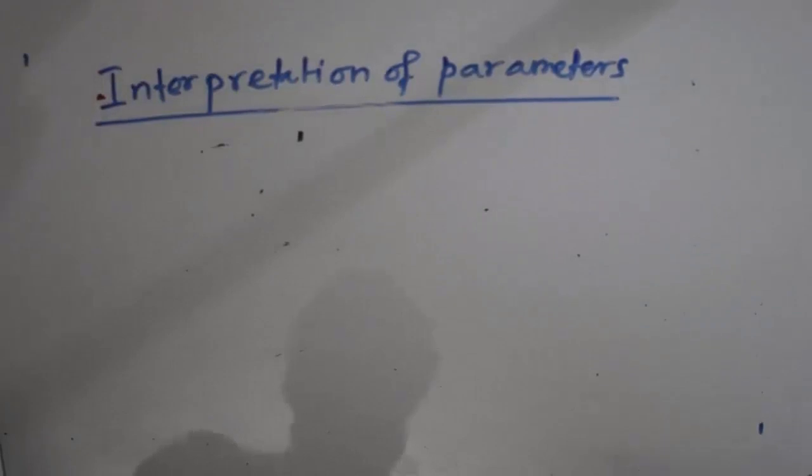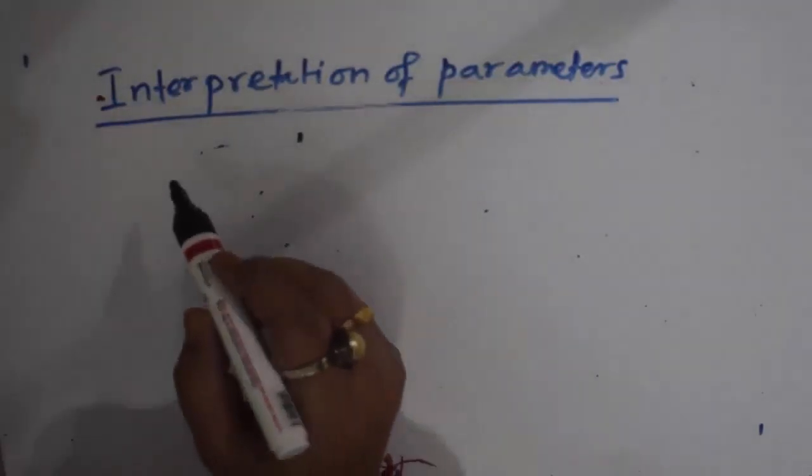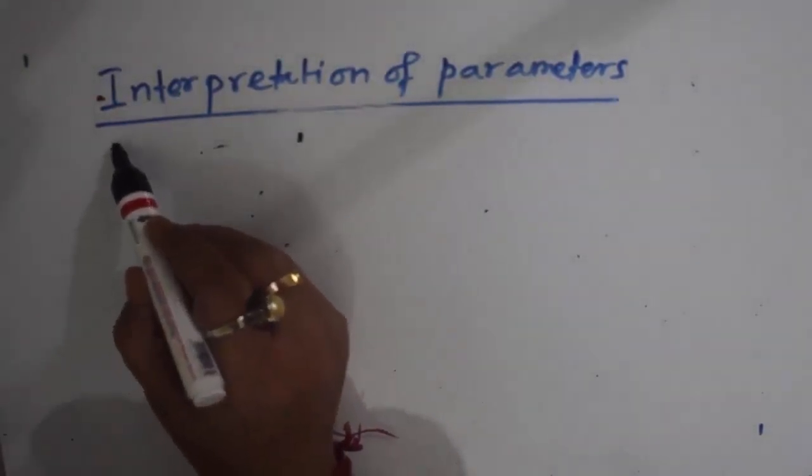Now the next issue is how to interpret the parameters. For this, first we consider an example.